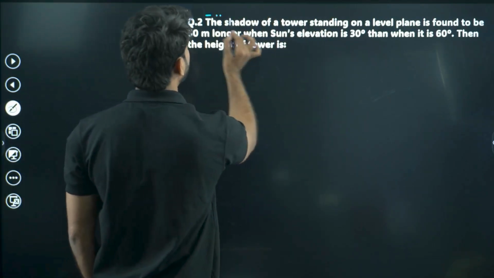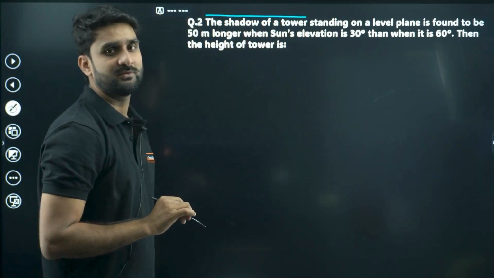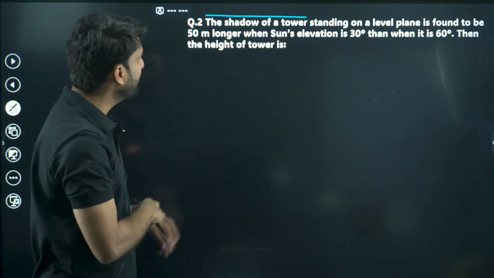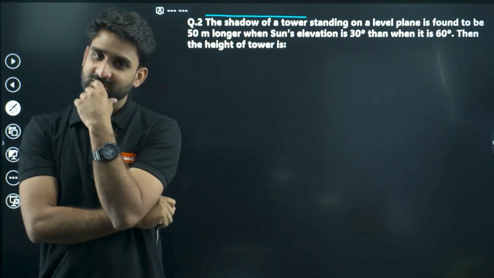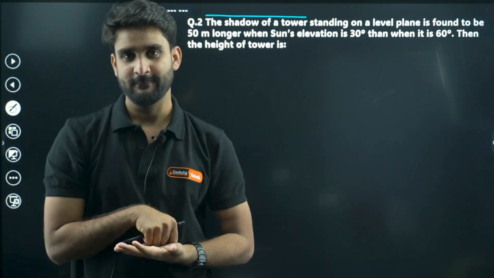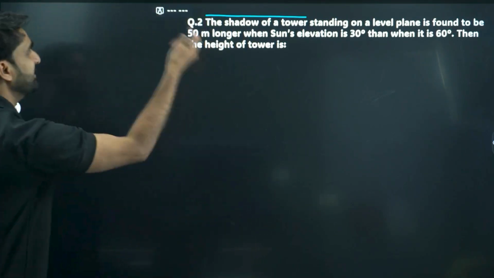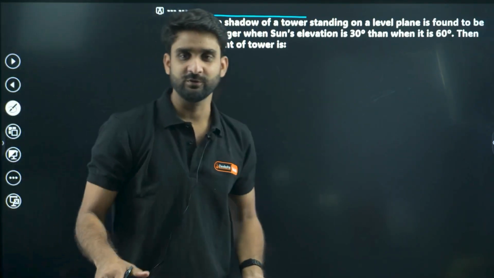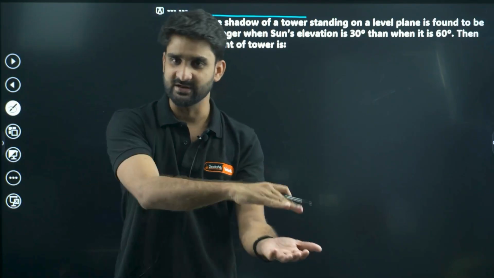So, the shadow of a tower. I got one piece of information here: the shadow of a tower. It means there is a tower and there will be a shadow. So if there is a tower and there is a shadow, the shadow always forms on the earth surface, right?